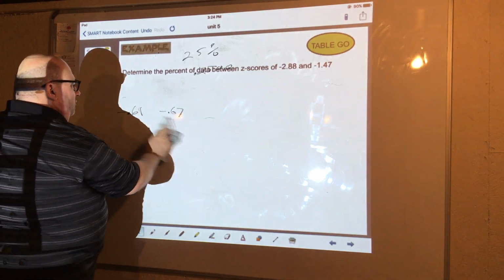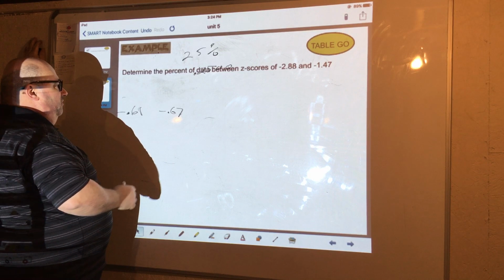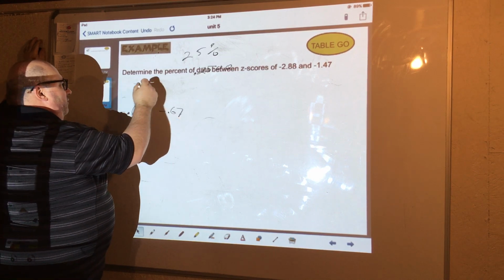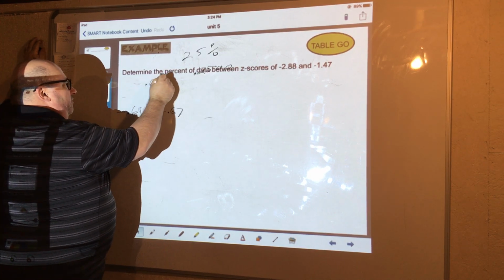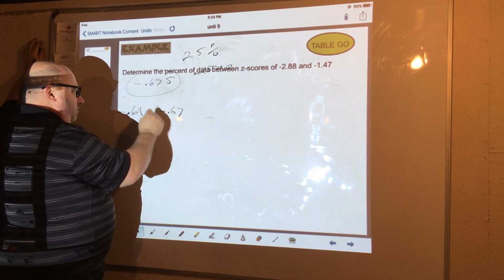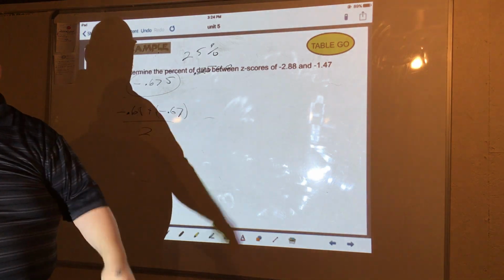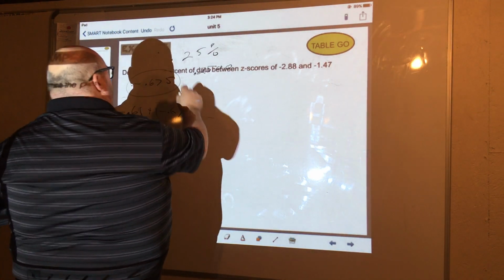That means we average these two together: add these two together, divide by 2, negative 0.675. This becomes our z-score.